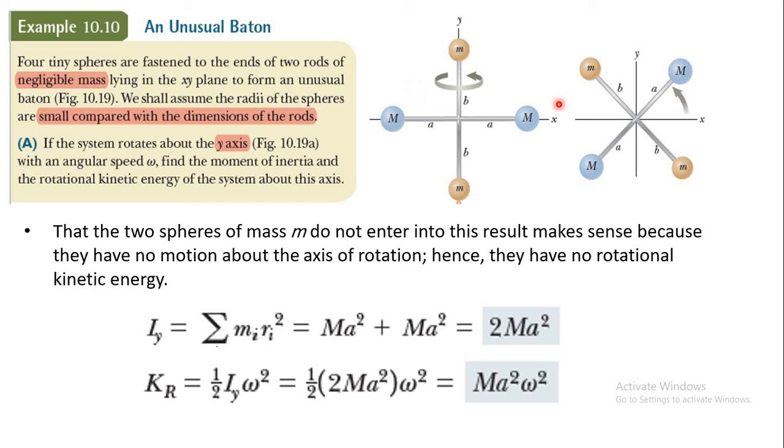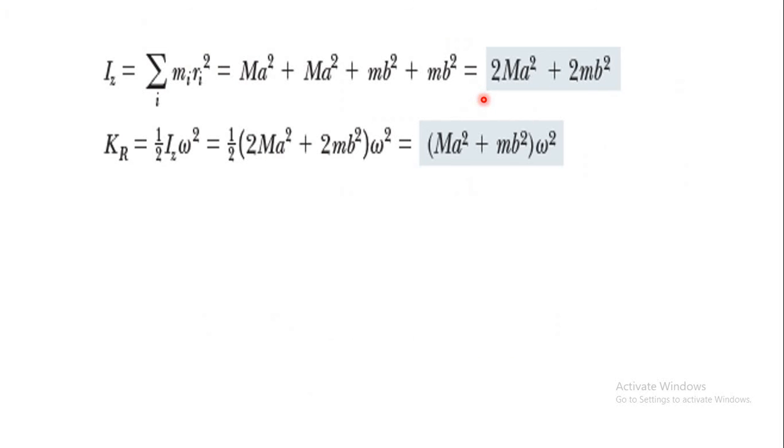you will cancel the masses on the x-axis and you only consider the ones on the y-axis. But if it asks you about the rotational kinetic energy about the z-axis, which is perpendicular to the whole plane, you will consider all the masses with no cancellation, which leaves us with 2Ma squared plus 2mb squared.